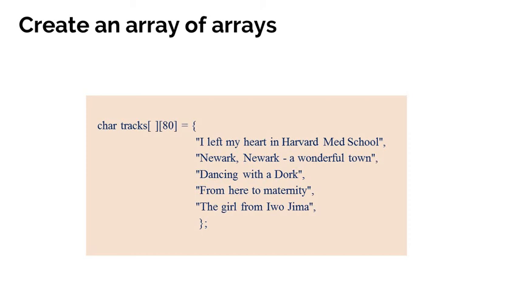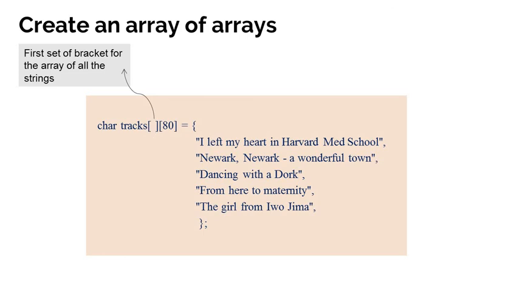The first set of brackets is for the array of all the strings. I have not specified it here, but if I want, I can specify the number of strings, which is 1, 2, 3, 4 and 5, so it can be 5. But I have not specified it, and that's okay.